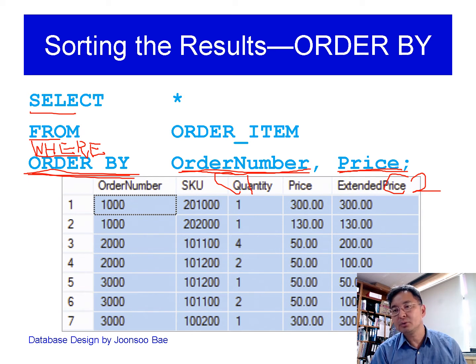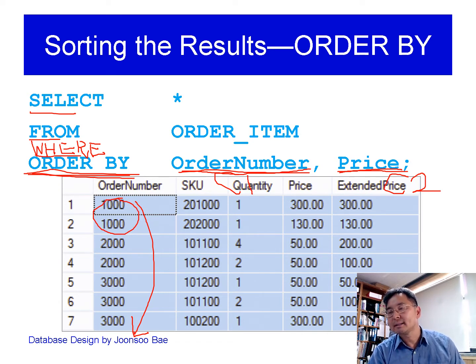is used to order in ascending order: 1,000, 2,000, and 3,000. It is increasing, so it is well ordered here. And if there are the same order numbers, then we apply price as the ordering criteria.